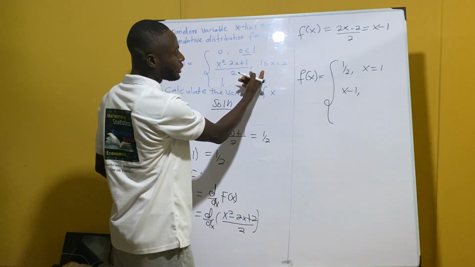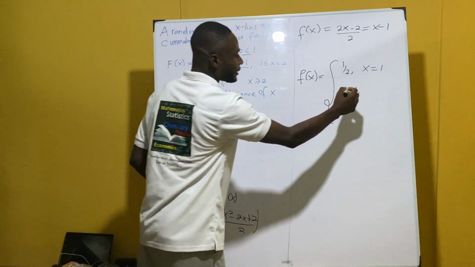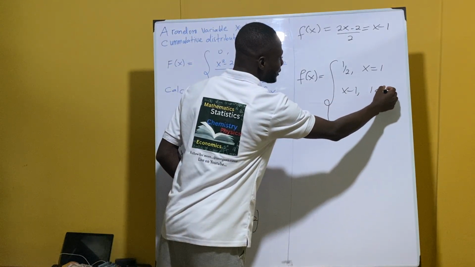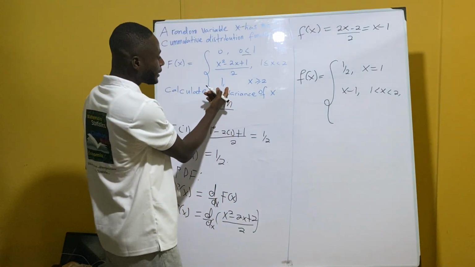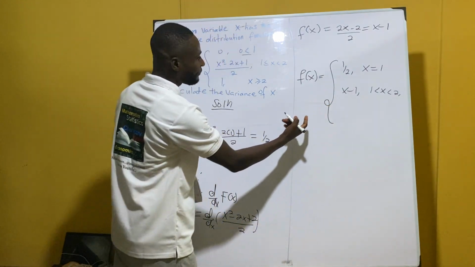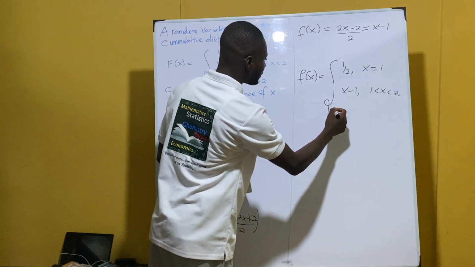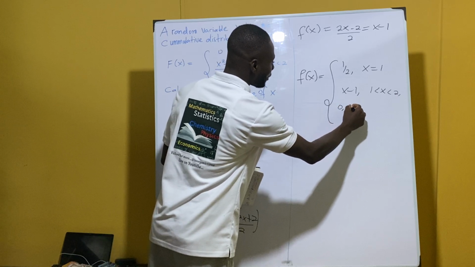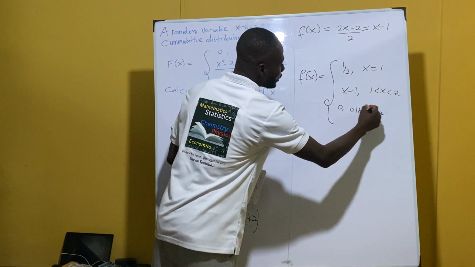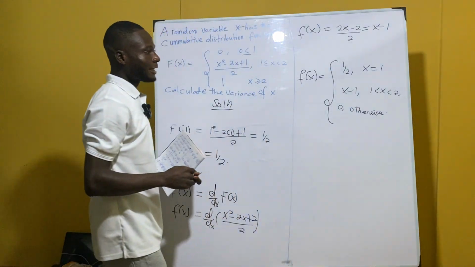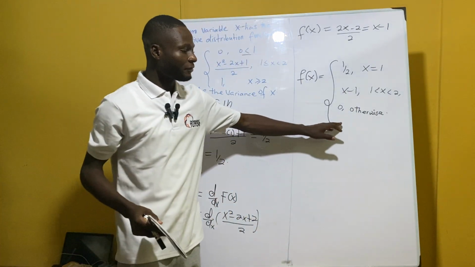Now the range is going to be 1 less than x less than 2, and then the final aspect, 0 otherwise, which indicates that it's a PDF, right?